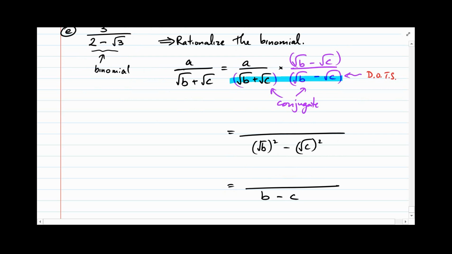There is no square root. Just rewriting what's on the numerator, and I just put it back. Whether it needs to be expanded or not, you can decide as you go along.